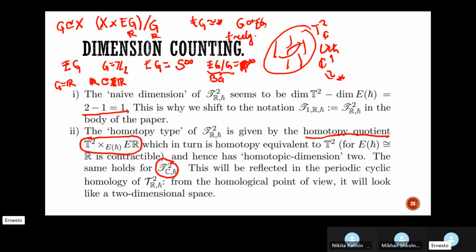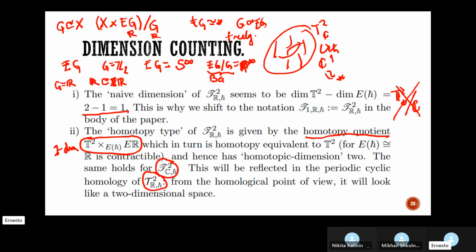And this already computes correctly the periodic cyclic homology and so on of this space. And it's a two-dimensional space. This is two-dimensional. And this is the correct topological type of the stack, not just the non-Hausdorff space T2C mod C, which is not the correct topological type.